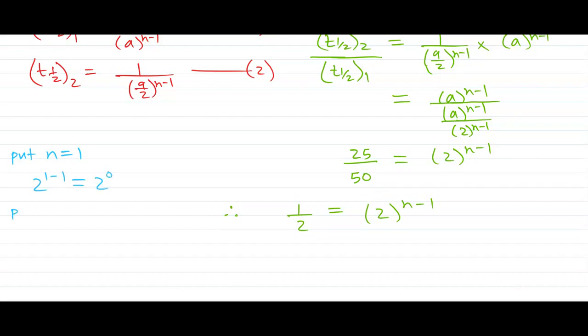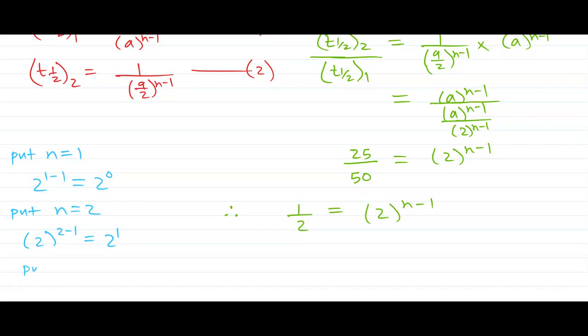That is not going to be our answer. But what happens if you put n equal to 2? For n equal to 2, you will get 2 raised to power n minus 1, which means 2 minus 1, which comes out to be 2 raised to power 1, which will give you a value of 2. But we don't want this to be our value.